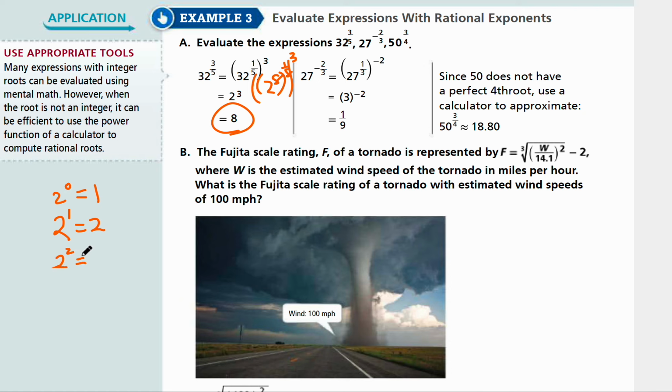Because every time the power increases by 1, we multiply the base one more time. But if we go the other way, every time we subtract 1 from the power, we divide by the base. So 2 divided by itself is 1. Any number divided by itself is 1, and so any number to the power of 0 is 1.